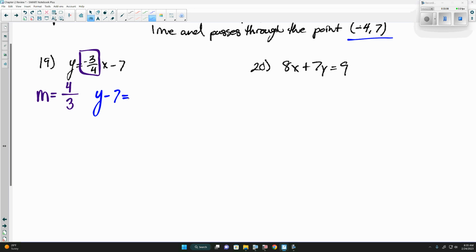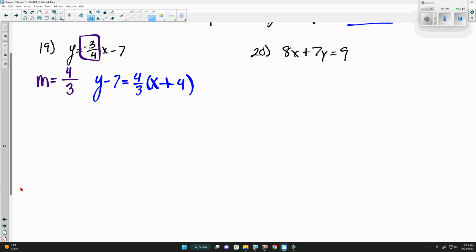So we have y minus 7 is equal to 4/3 times x minus negative 4. Inside the parentheses, we know the negative and negative will make a positive. And then we can distribute the 4/3. 4/3 times x is going to be 4/3 x. 4/3 times 4, we can plug this into a calculator, and it'll give us 16/3.